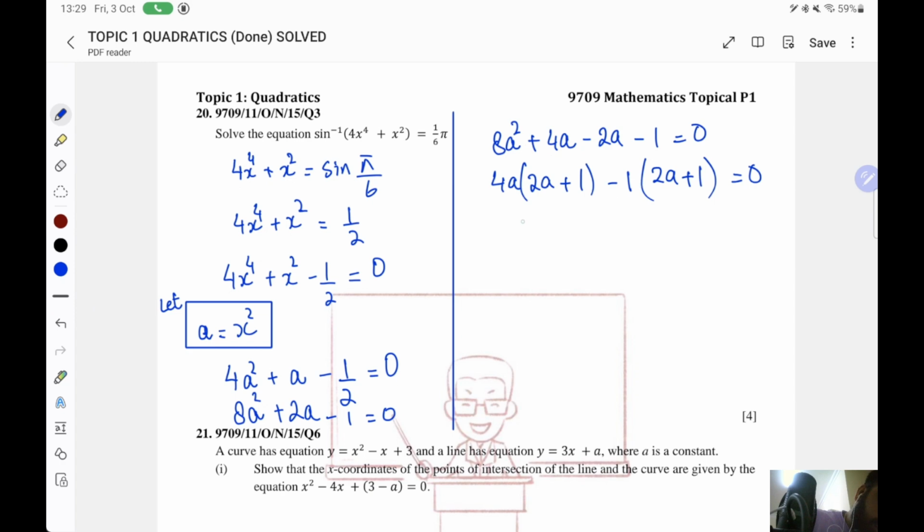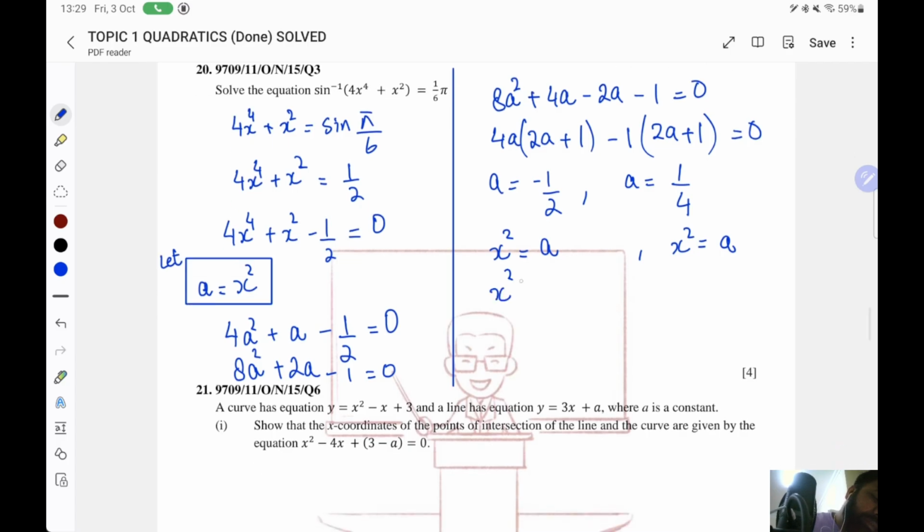So the values of a from here are going to be minus 1 by 2, and the other value of a will be positive 1 by 4. And in the start of the question we are supposed to find the values of x. So we labeled x square as equal to a. So we'll substitute the values of a equal to x square.